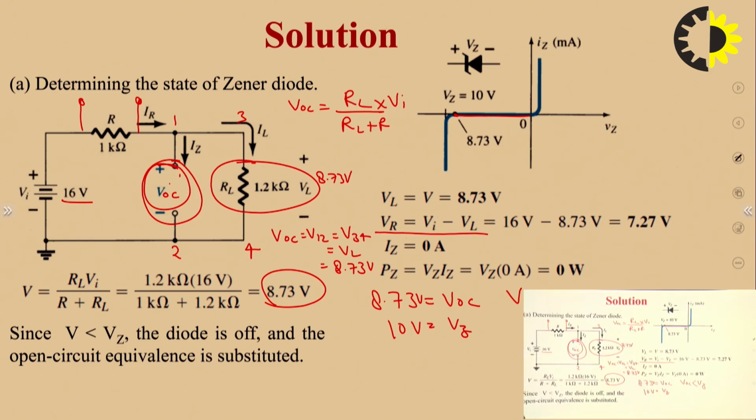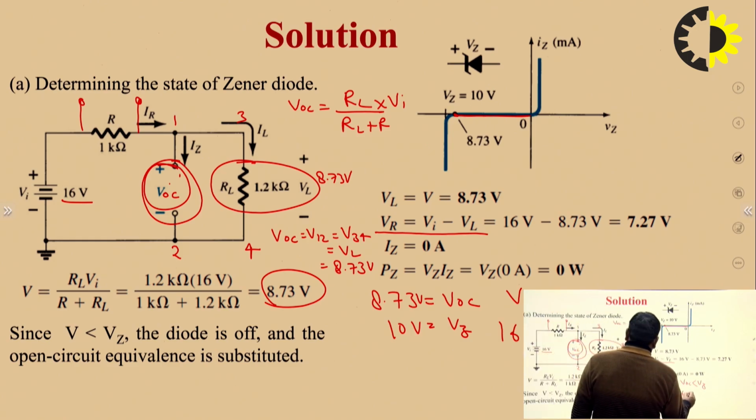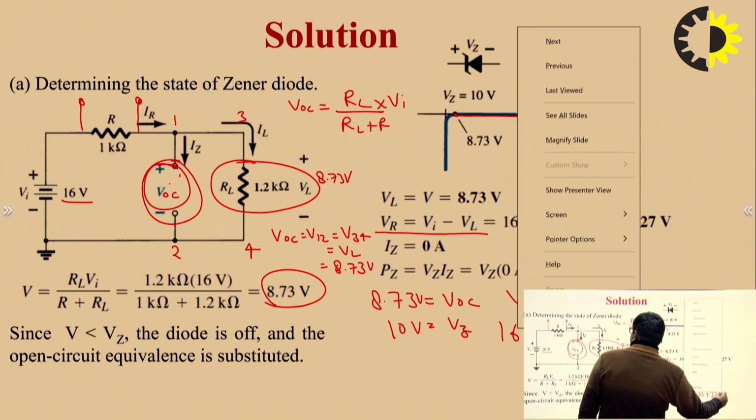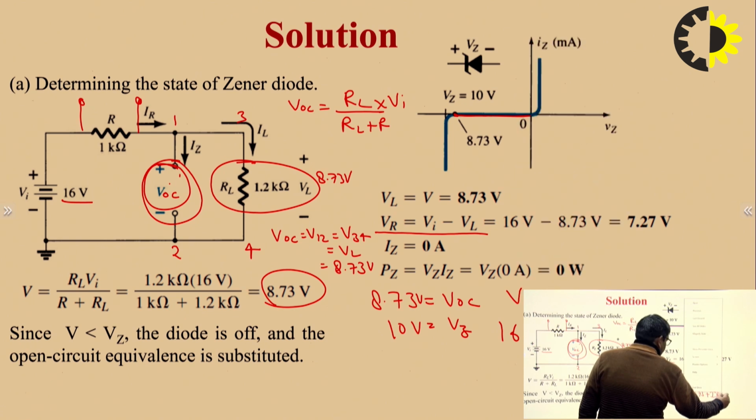By using the charge conservation law, summation E is equal to summation IR. That means 16 is equal to 8.73 plus I into R, and I into R is the VR.